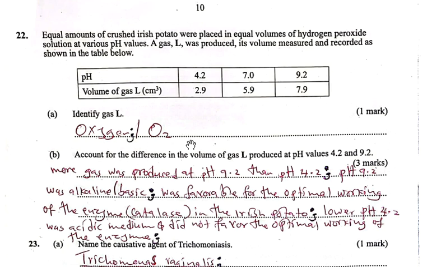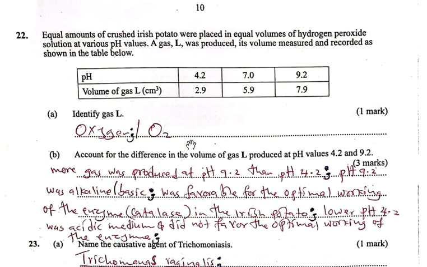At pH of 7, volume of gas was 5.9 cubic centimeters. pH of 9.2, volume of gas was 7.9 cubic centimeters. And before we continue, crushed Irish potato contains the enzyme catalase.